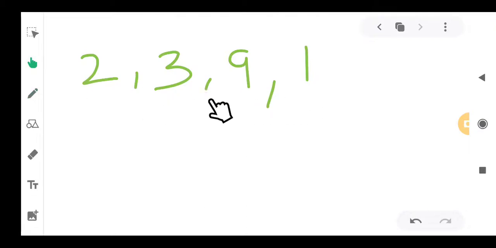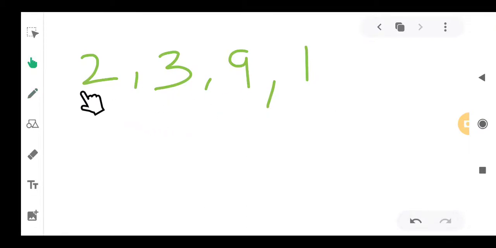For example, there are 2, 3, 9, 1. Now, we have to arrange these 4 numbers in ascending order. Means we have to arrange these numbers first lowest number by highest number.